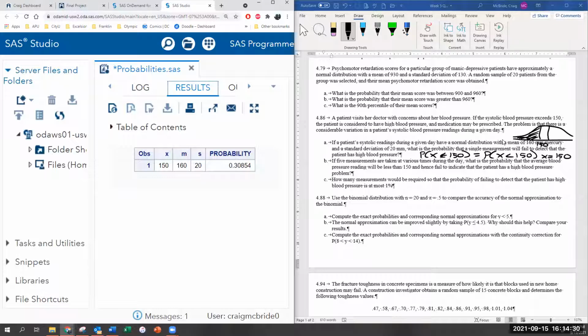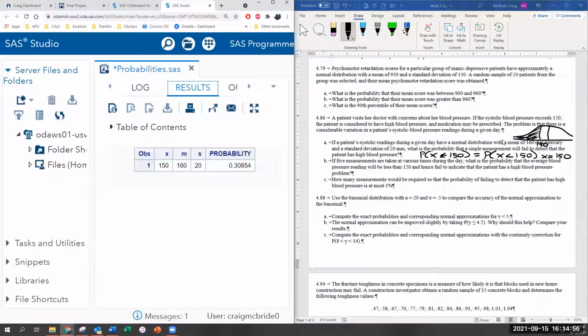But two, to see that a single measurement is not always accurate, regardless of the context. This happens to be blood pressure, but in any case, just one measurement can be misleading. And this leads us later in statistics to talk about confidence intervals and alpha levels and all those kinds of things. But that's what's happening here, right?